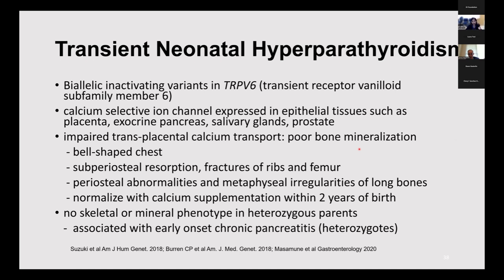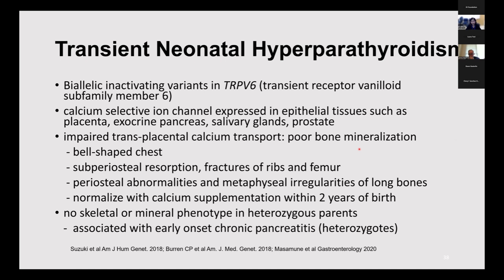Essentially, this codes for a calcium selective ion channel, which is expressed in epithelial tissues such as placenta, pancreas, salivary glands, etc. But really, what's happening is loss of function of this gene results in impaired transplacental calcium transport, which results in poor bone mineralization and leads to bell-shaped chest and subperiosteal resorption, similar to what we saw in the neonatal severe hyperparathyroidism state.